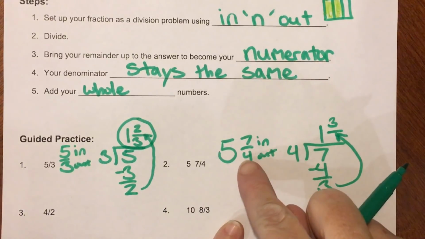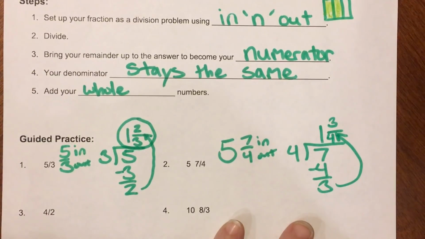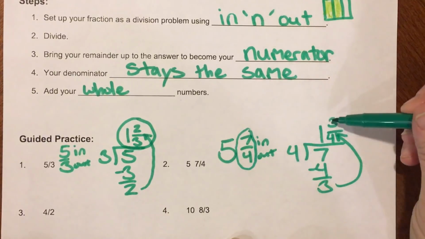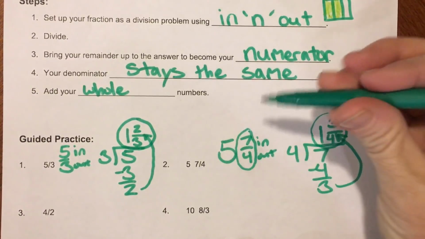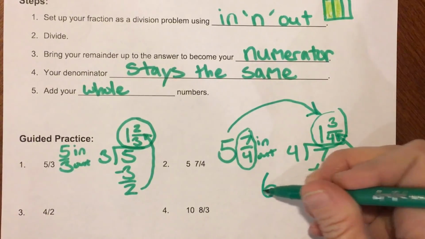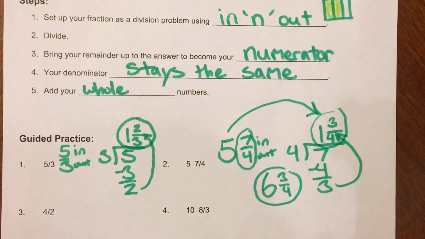Step 4, my denominator stays the same. Okay, step 5, this is the tricky part. 7/4 is equal to 1 3/4, but I already had a 5, so I have to add the 5 to that. So I actually get 6 3/4 as my answer.